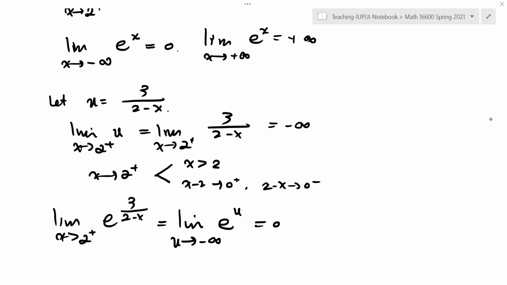Now I can also talk about another problem. Whoa, this is pretty complicated. This is a story problem, number 79, about the cost function, I guess.